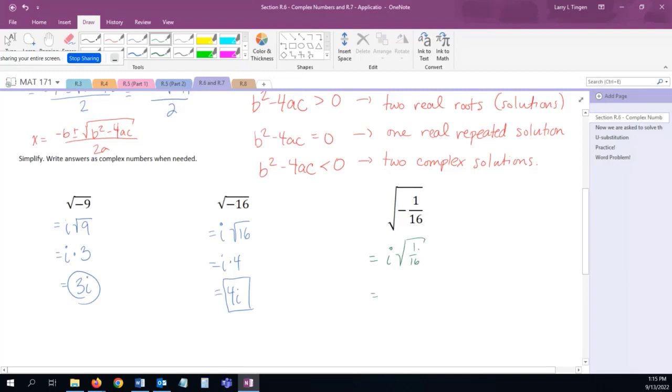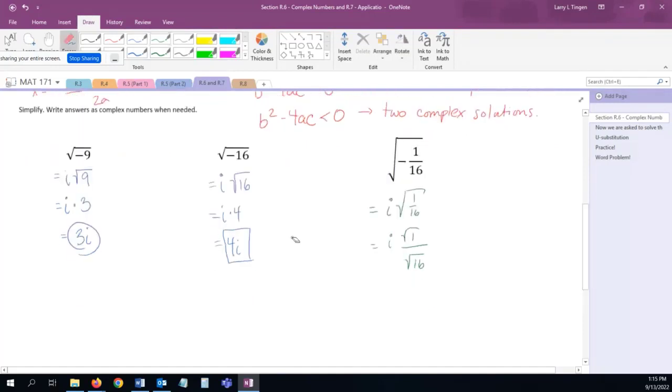Some of you may know what fraction itself gives me 1 over 16, or because of the rules of radicals, the square root of the quotient is the same thing as the quotient of the square roots, so I can actually split that. And the i will go over here to the right, not because it's wrong if it's on the left, it's just formatting. And square root of 1 is 1, square root of 16 is 4, and then there's the i.